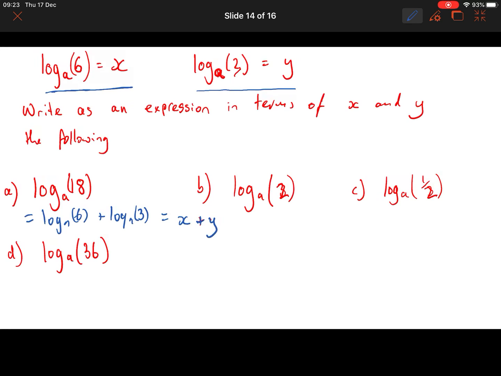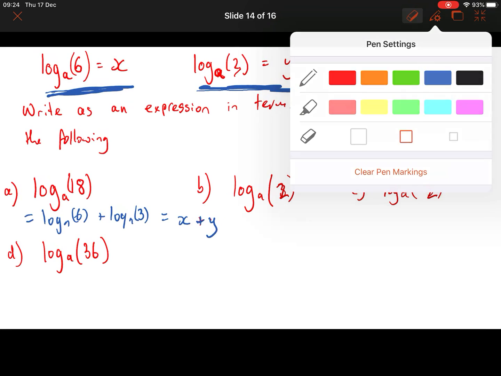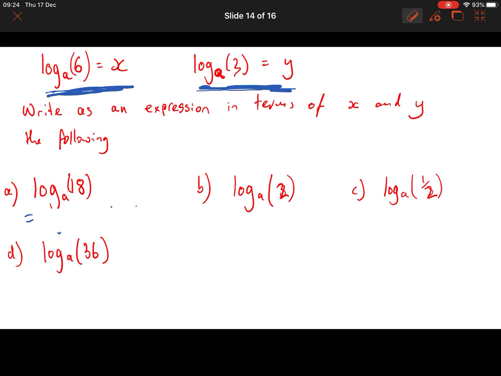Sorry about that. So that becomes x plus y. Okay, log base a of 18 is x plus y given these facts here. Just write the answer again, x plus y.